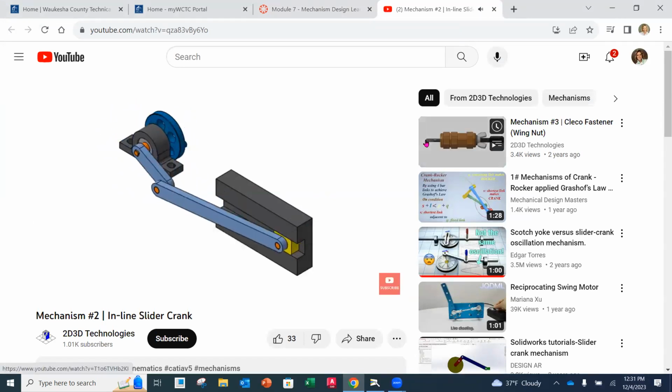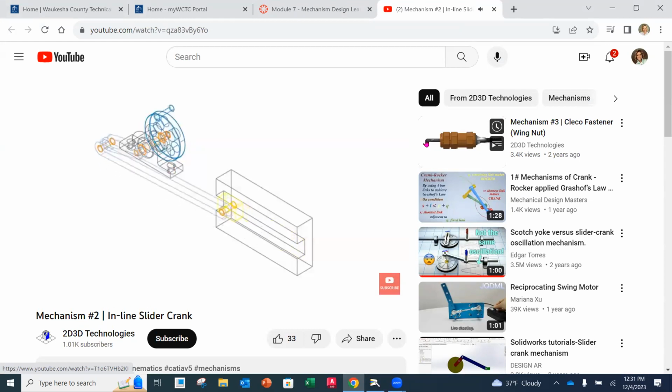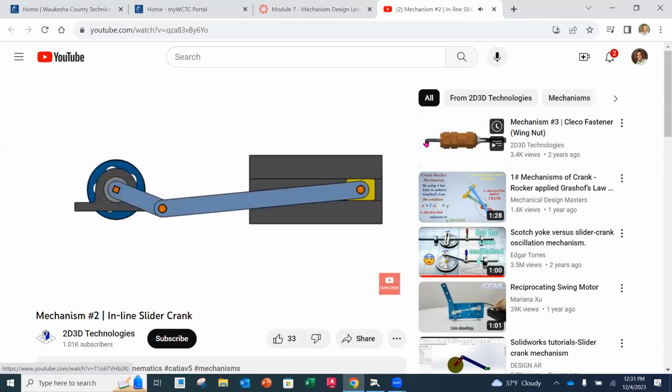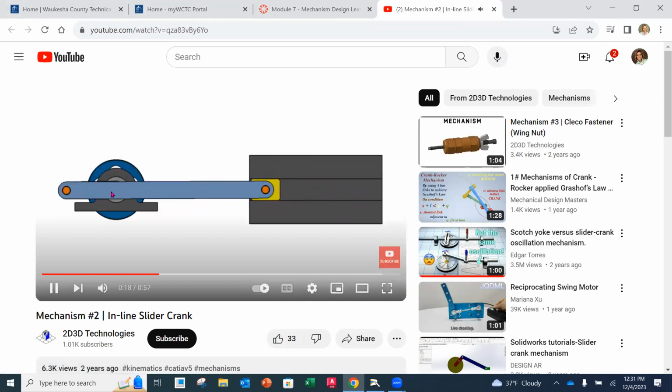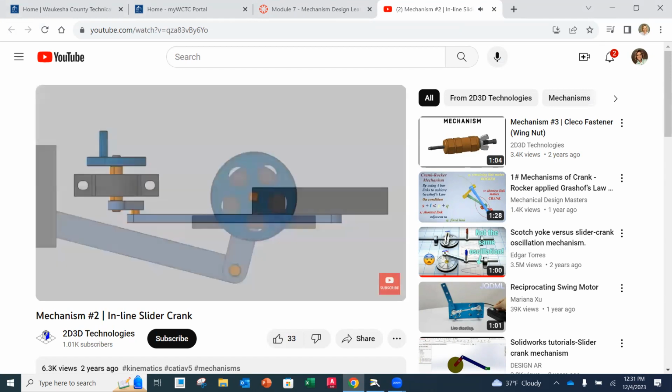So as you can see here, as this goes around, it has the same amount of time to go in its outward stroke as it does on the inward stroke. And if we extend the center line from that driver through the center of our slider, we're going to notice that those are in line.